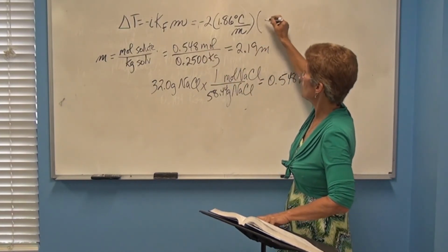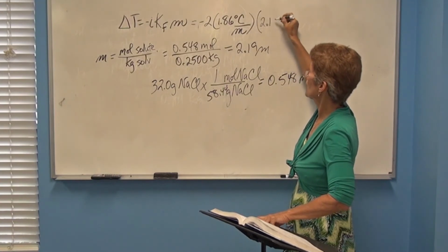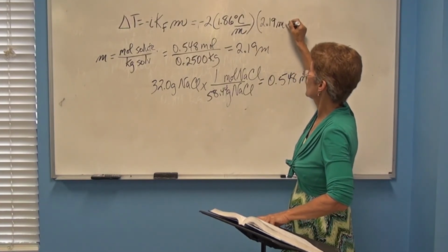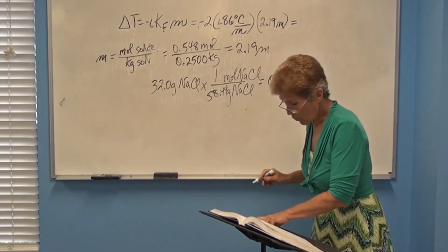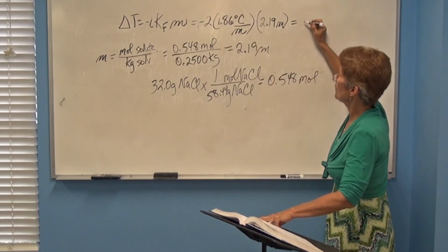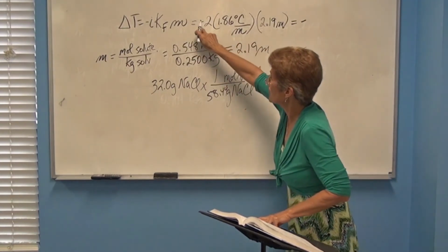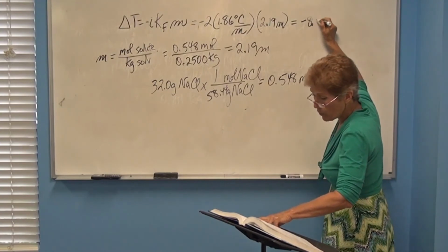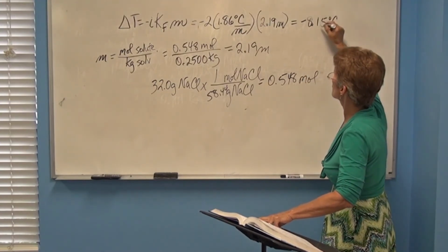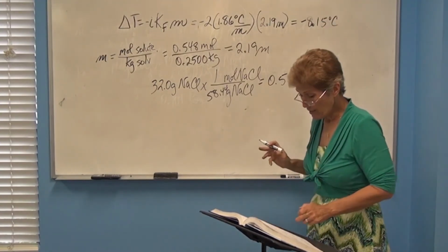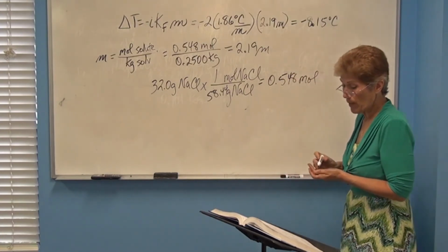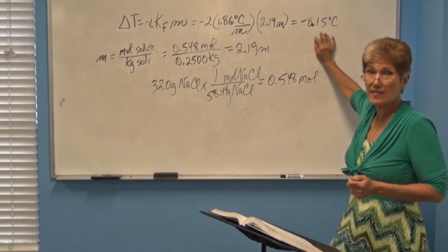So now I can come up here and plug that in. When I do the math, it ends up giving me a negative, don't forget that's a negative sign, 8.15 degrees Celsius. Now, because it's in water, that's actually my answer, because water freezes at 0.